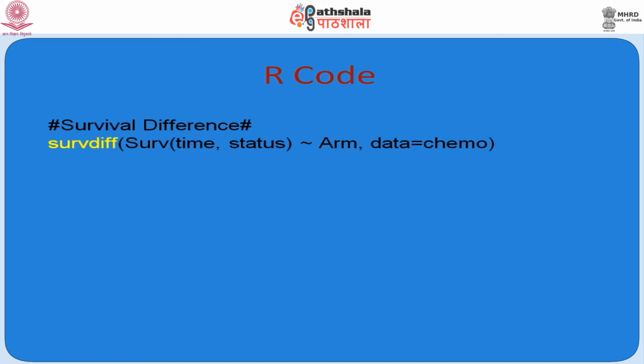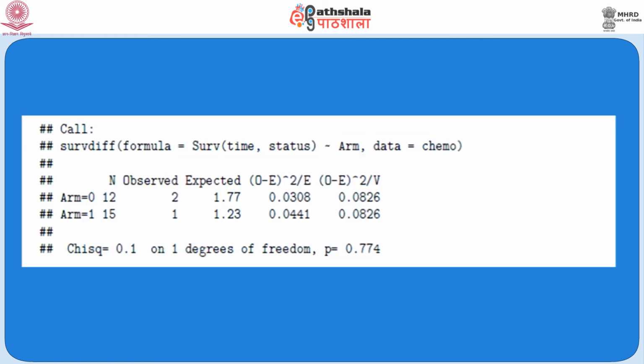This function will give the treatment wise survival difference. If we call survdiff, then we will get that for arm 0, that is cetuximab, 12 patients were observed, and arm 1, that is methotrexate, 15 patients were observed.